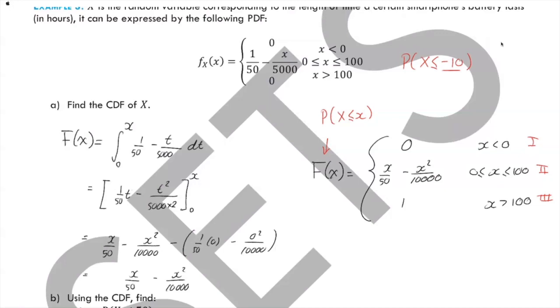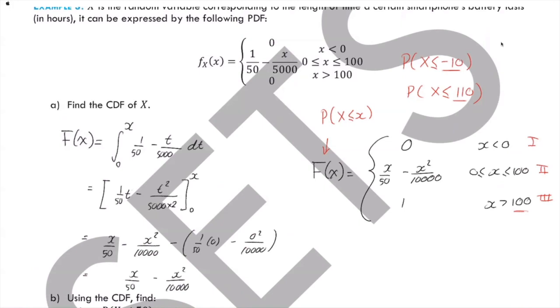Okay, what if I have the probability x is less than or equal to 110? Which one does that sit in? 3, right, because this 110 is more than 100. So I'm asking you, what's the probability that the smartphone battery lasts 110 hours or less? Isn't it guaranteed to last less than 110 hours? Yeah, because it's only defined from 0 to 100.